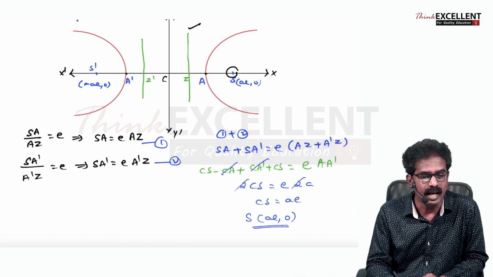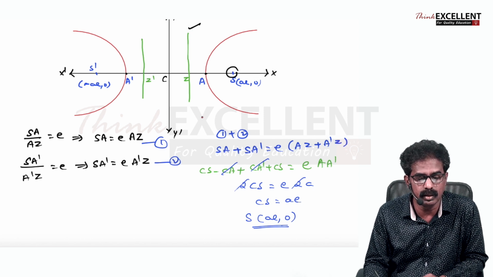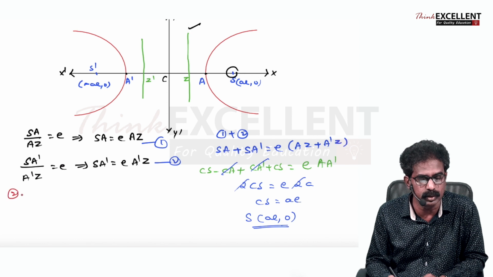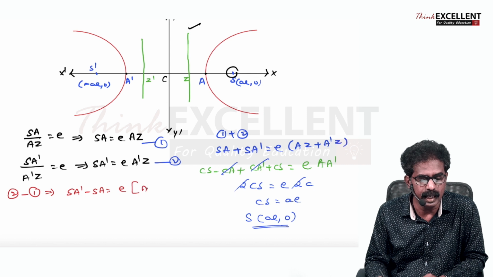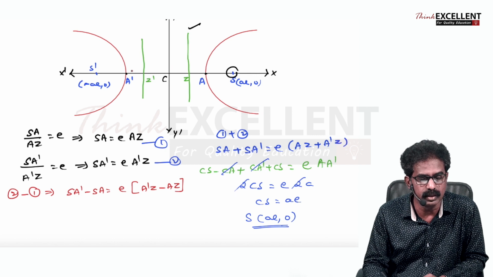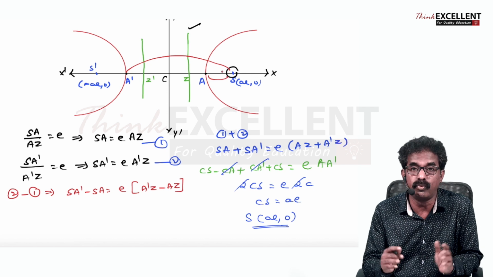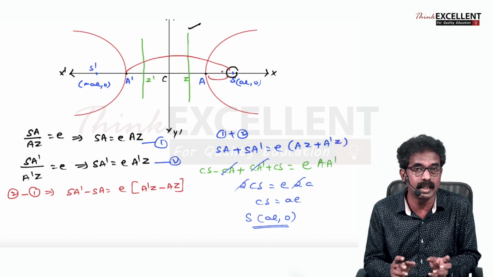Now, instead of adding, you subtract. So 1 and 2, which length is greater? SA dash. So equation 2 minus equation 1. In ellipse also we did the same thing, right? So what do you get? SA dash minus SA is equal to E into A dash Z minus AZ. So see the diagram, SA dash, this full length, SA dash minus SA. From the full length, if you remove that portion, you will be getting A A dash, right?